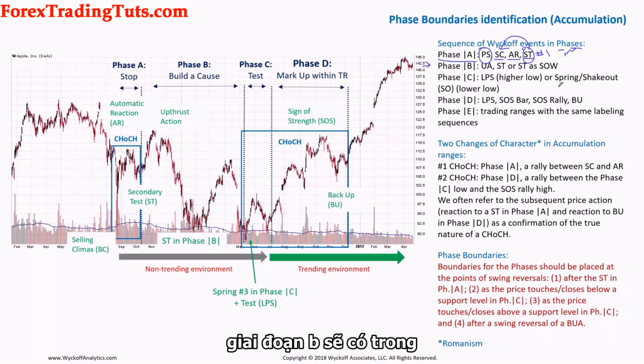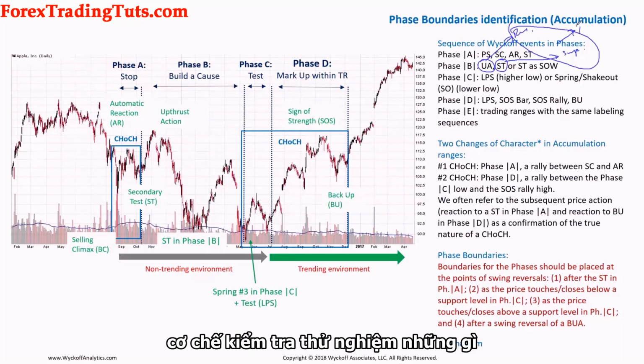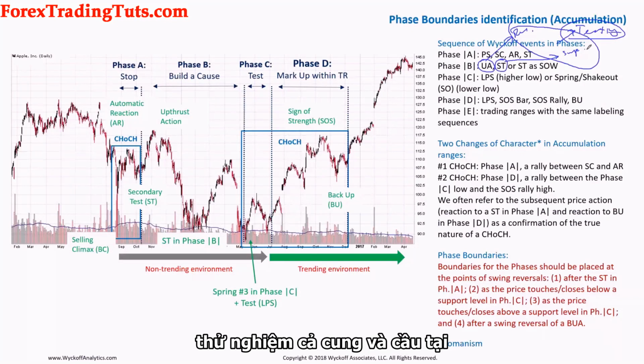Phase B is going to have, in the accumulation, either a secondary test at the support level or an upthrust action at the resistance level. So these two are mechanisms of testing. Testing what? Testing both supply and demand at the support and the resistance level.